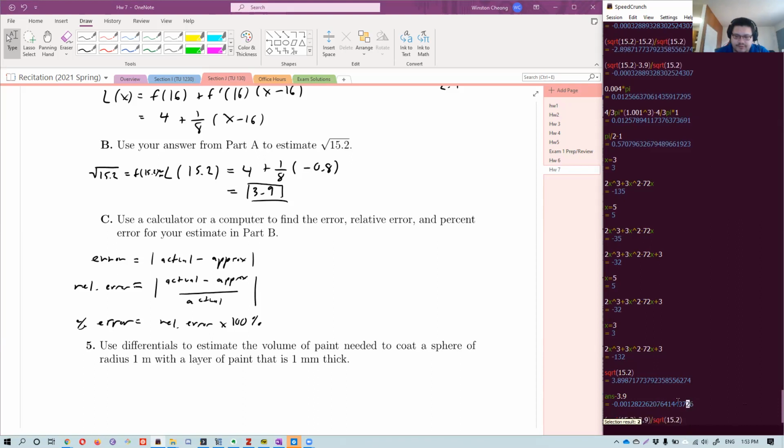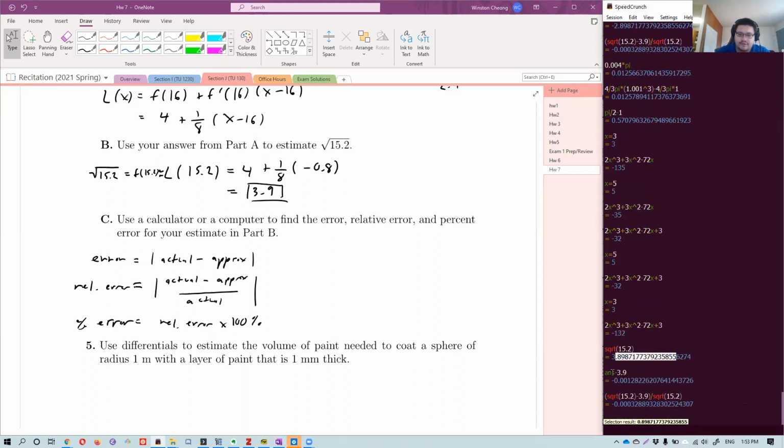Maybe it was this one. No, I think it was this one. Yeah, so the square root of 15.2 is this quantity. Then you subtract off the 3.9, which is our approximation, and we get this value. So as our decimal error, we get 0.00128.